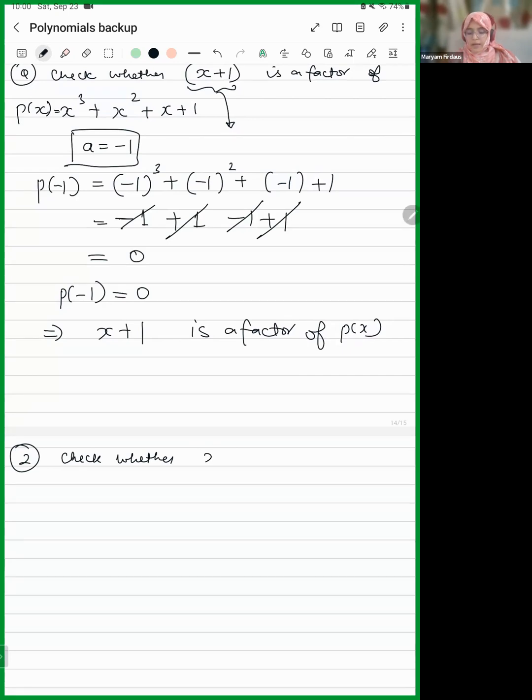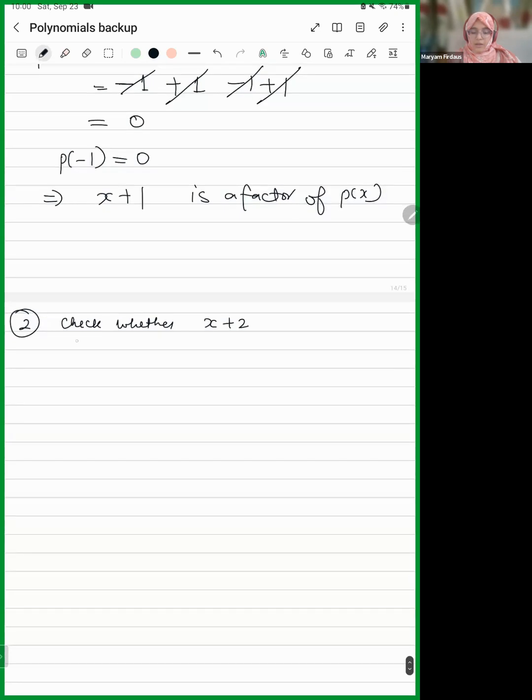So all of you have to do this by yourselves, okay? Check whether x plus 2 is a factor of P of x equals x cube plus 3x squared plus 3x plus 1.